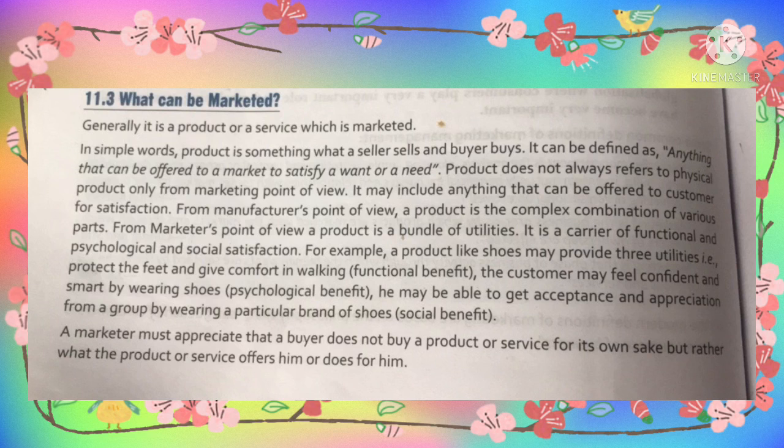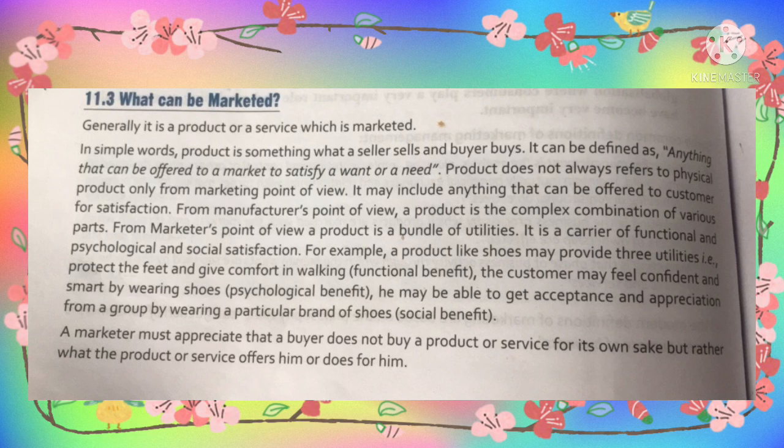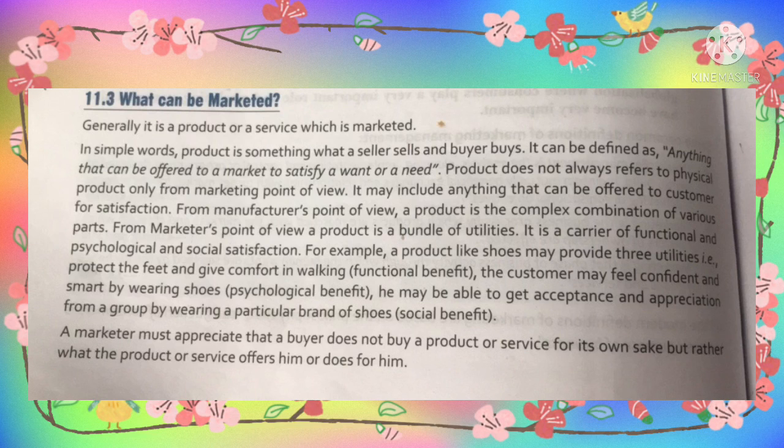From the manufacturer's point of view, a product is a complex combination of various parts. From the marketer's point of view, a product is a bundle of utilities, because it is a carrier of functional, psychological or social satisfactions. For example, a product like shoes may provide three utilities.